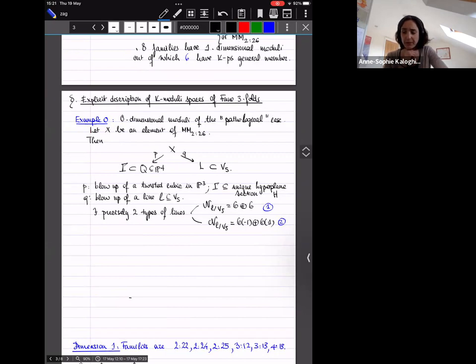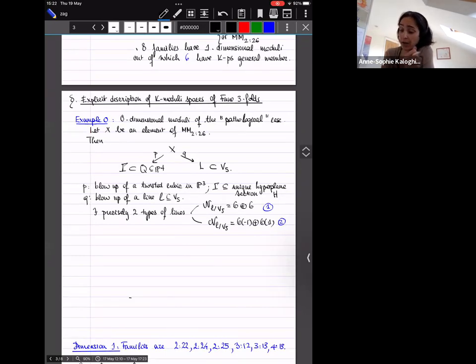So here, let me look at an element of this deformation family, Mori-Mukai 2.26. If we look at the classification, it tells us that X has 2 extremal rays. The contraction of one of the extremal rays is the blow up of a line in V5, the del Pezzo threefold of degree 5.